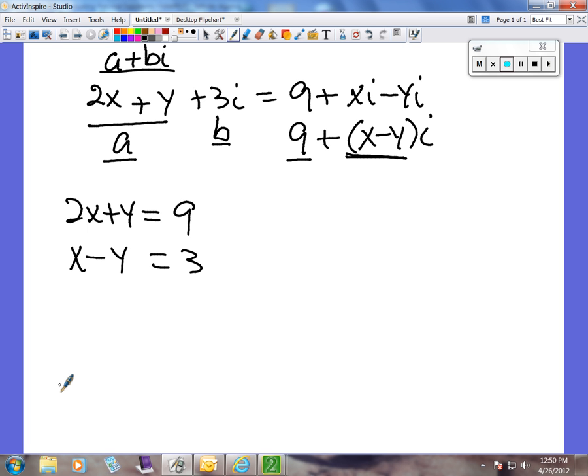Aren't the y's going to be eliminated if we add them? Remember elimination, you want one opposite and one and both alike. So when we add these, we get 3x equals 12. Right? And we got x is 4.